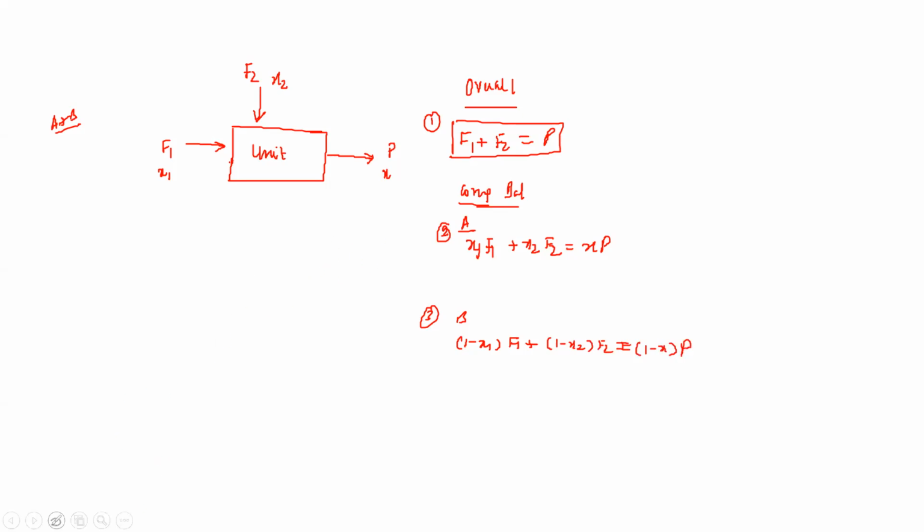Then we also discussed how to deal with multiple units. If we have more than one unit, let's say I have this unit as well as another unit, and then there is an internal transfer over here. Let's say this is my F. This is F1.